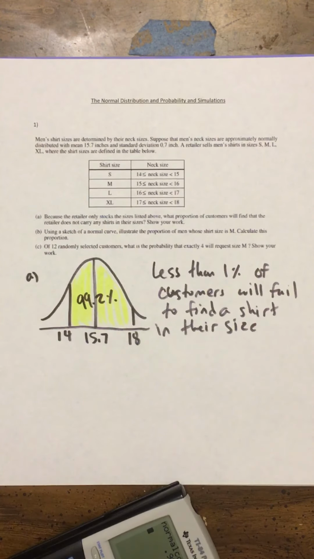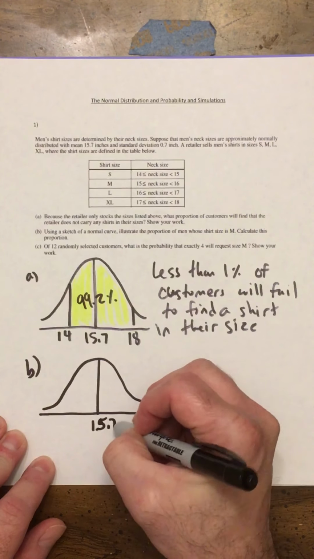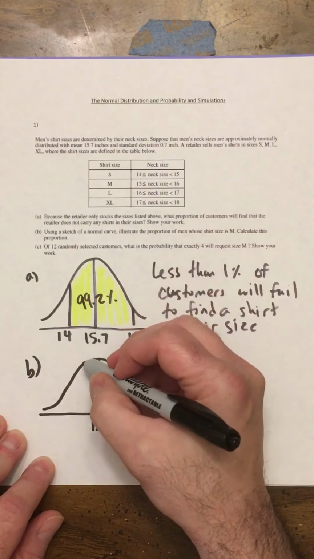Okay, let's take a look at part B. Using a sketch of the normal curve like I did here, illustrate the proportion of men whose shirt size is medium. Calculate this proportion. So for part B, we want to make a new normal distribution with a mean of 15.7. And for medium, we want to go from 15 to 16, and we want to find the area inside there.